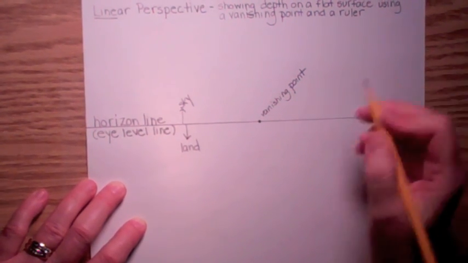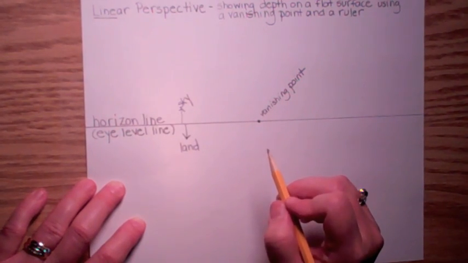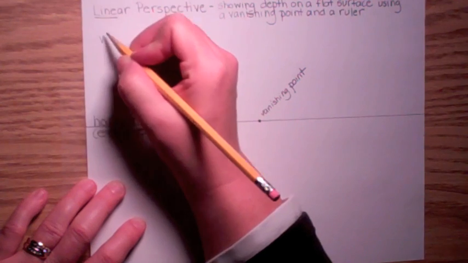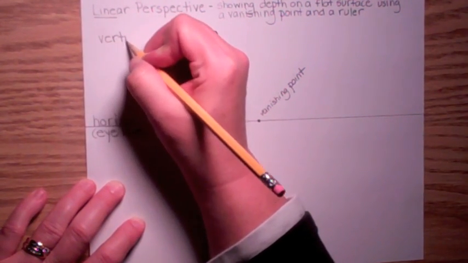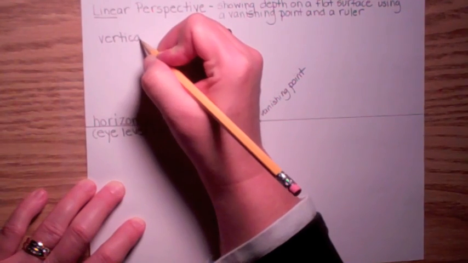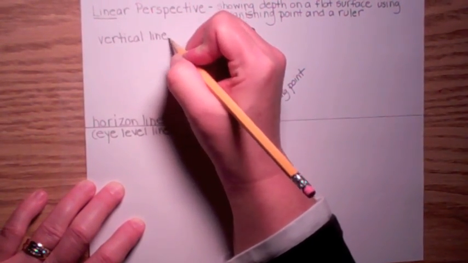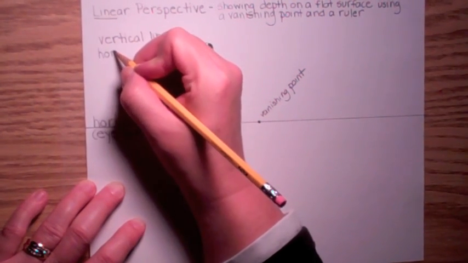Now when you draw using just one vanishing point, there are three types of lines that you can use. The first type is called a vertical line. The second, a horizontal line.